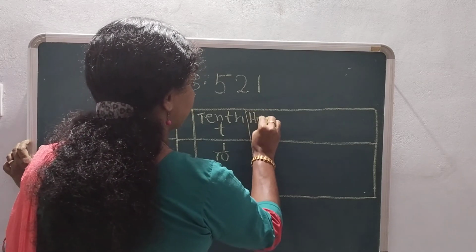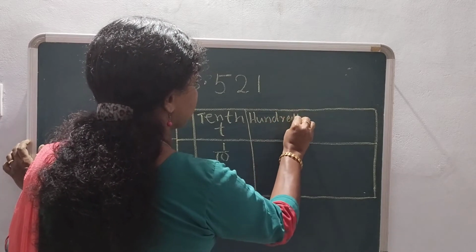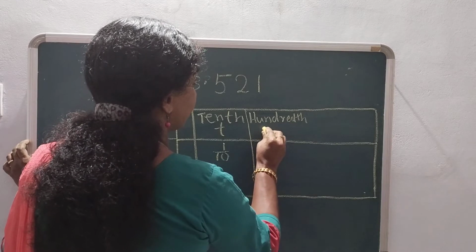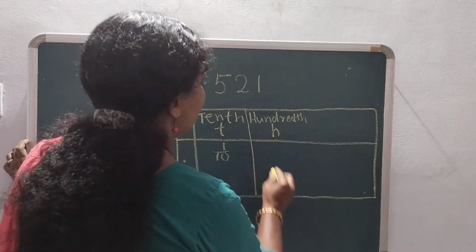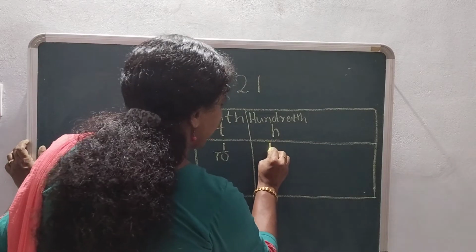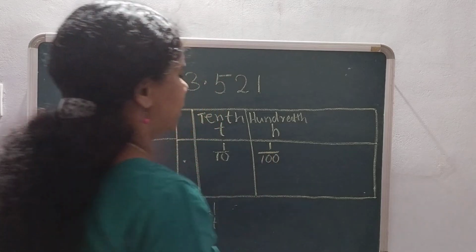And now after tenths, what is it? Hundredths. That we will represent with the small letter h, and with the fraction 1 by 100.